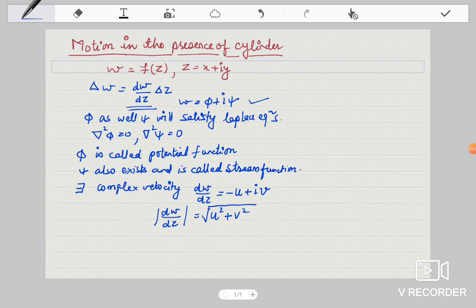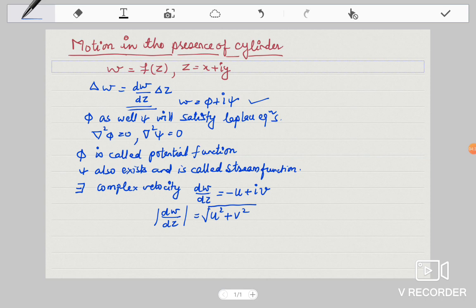So first of all, as you have seen earlier, we have defined a w. There are two ways: either you have phi and psi and you define a w with the help of phi and psi, and then you analyze all the things related to flow, or the second way is that you assume some w according to the flow situation.